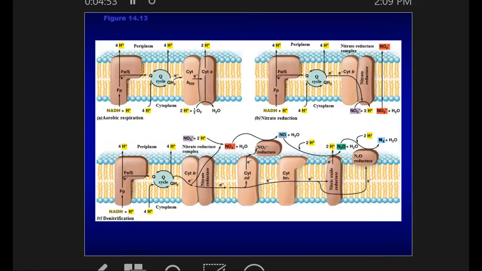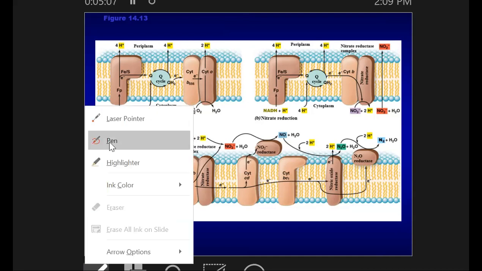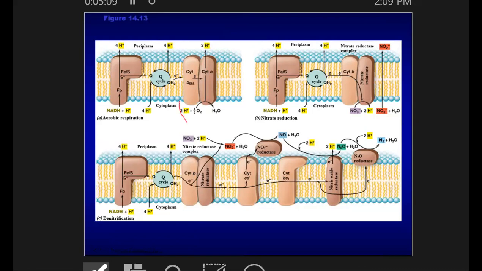So this idea of electron transport chain processes, just looking at a few, we have so-called aerobic respiration on the left, where you see oxygen as the terminal acceptor. So aerobic is referring to that idea where you have, where's oxygen sitting on the end there? Then nitrate reduction is being shown. So again, with nitrate reduction on the top right, you are still seeing the general idea of an electron transport chain process.